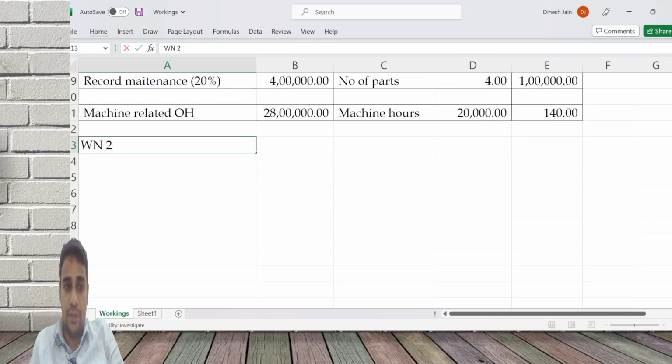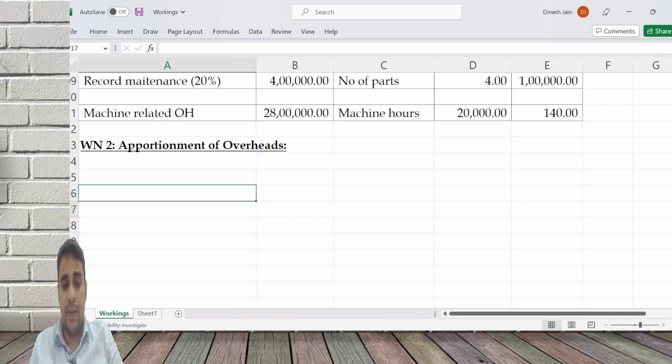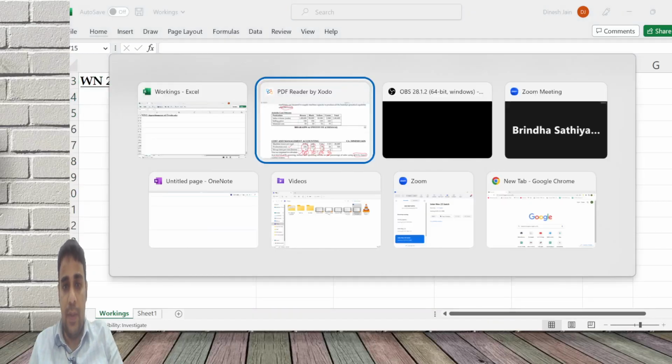Working note 2, apportionment of overheads.